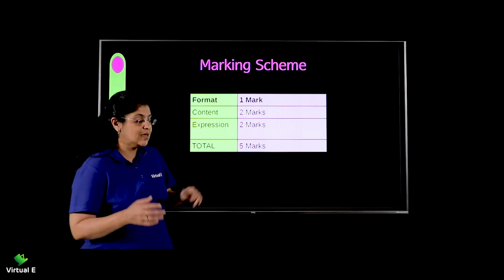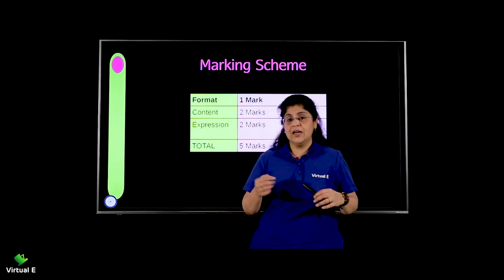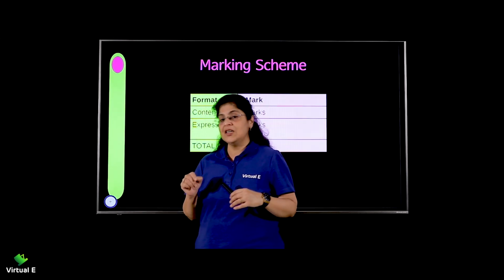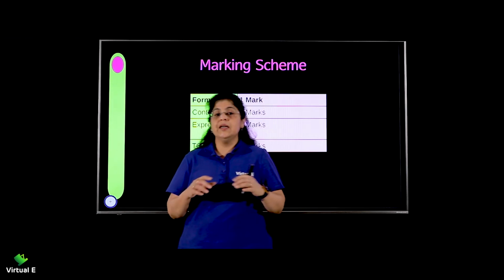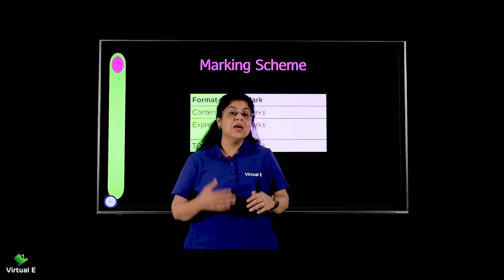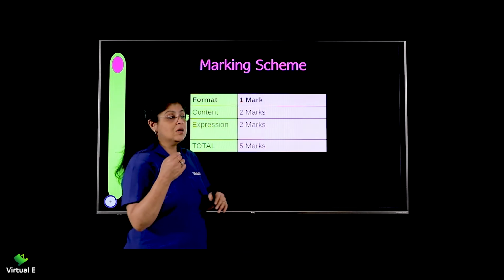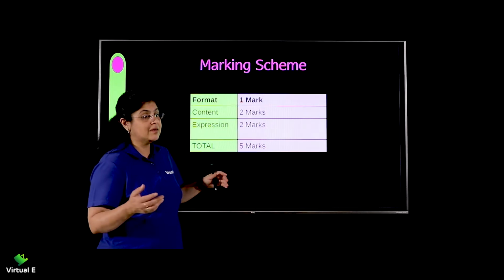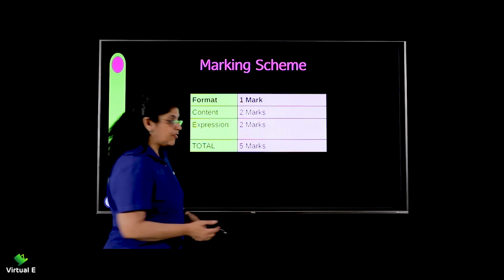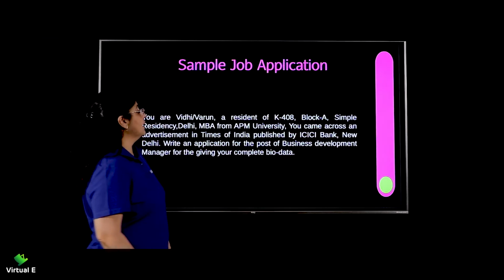Generally, even I as a language teacher, half a mark here and there definitely goes, because there's always scope for writing better. But if you have used rich vocabulary and correct grammatical statements, then quite often you get the full 5 marks too. So it's not impossible, but you have to take care.